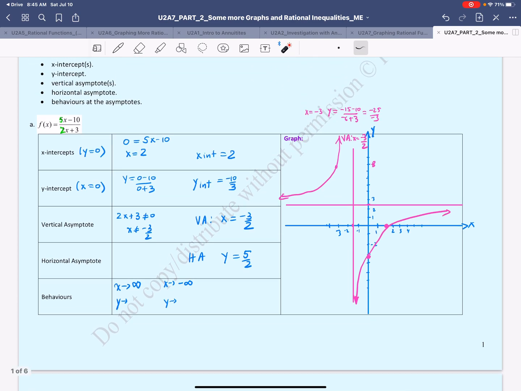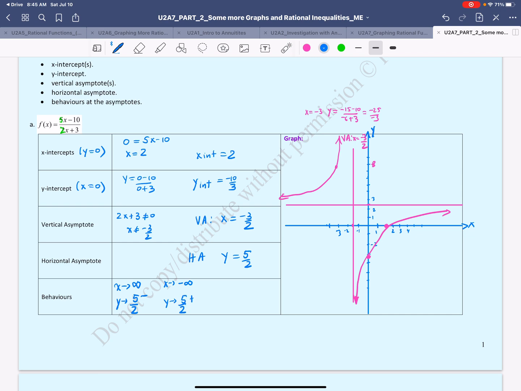So for the end behavior now, we're going to say that as x approaches infinity, the y values are below 5 over 2. As x approaches negative infinity, the y values are above the asymptote, so above 5 over 2.